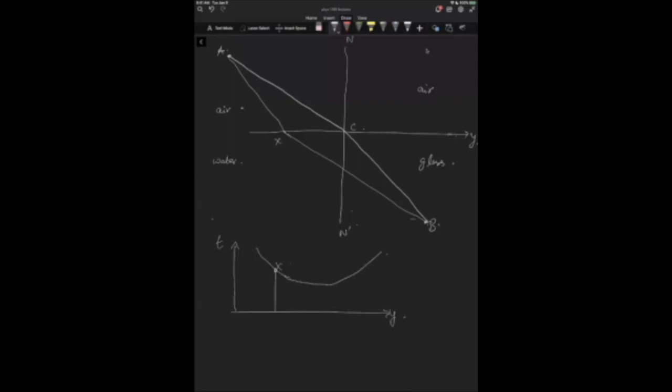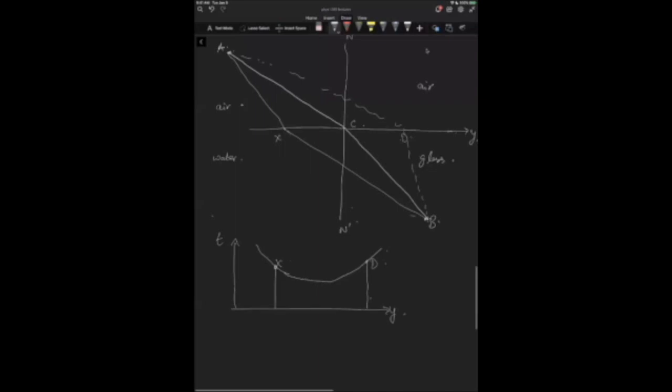ran really fast from A to X, but now they have to spend a longer time in the water from X to B. And similarly, if they go the other way, where I'm drawing another path, let's call that some other point D, now they spend very little time in the water because they've gone fast, but they've increased the time that they spent in the air on the sand, and even if it's faster, it may not be enough to make up for the extra distance that they've traveled in the air or on Earth in this case.